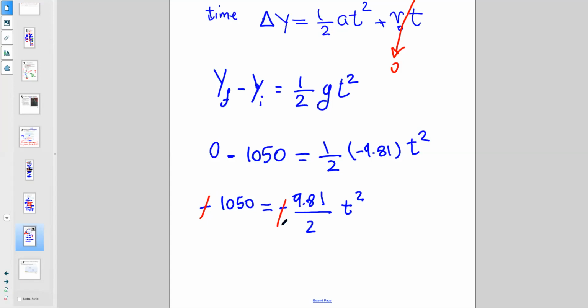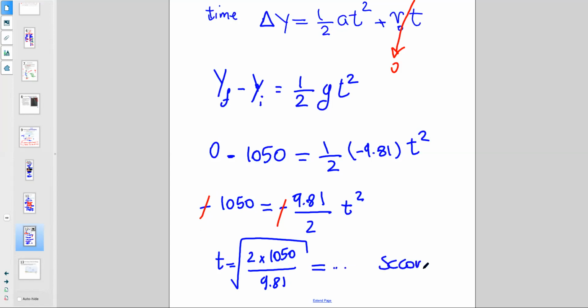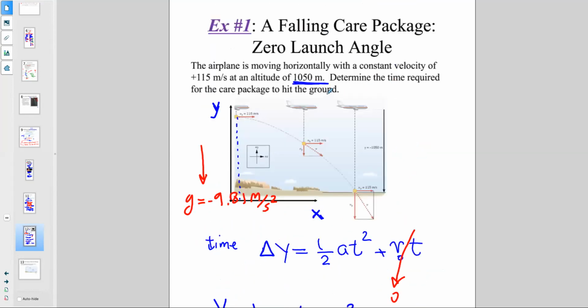In order to find t, it is 2 times 1,050 over 9.81. And it is t squared, but right now we're dealing with t, so I have to put everything under the square root. So that will be your t. Put it in the calculator to see what this is. Whatever the number is, it will be in the unit of seconds. So that's what the question was asking for: determine the time required for the package to hit the ground, and that's what we found.